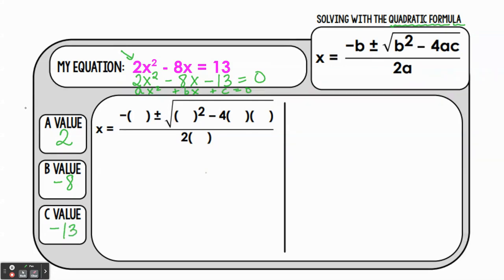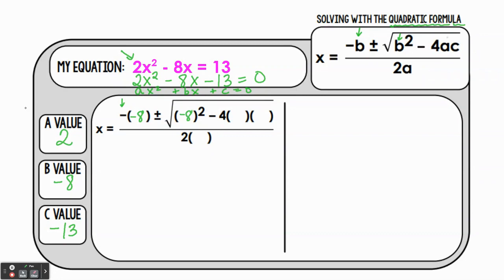Now, I have taken the quadratic formula and put in some blanks here to make it a little easier for us. You'll notice in my quadratic formula, it begins with -b. I have a negative, so I'm going to put b in this parentheses, -8. Plus or minus the big square root, then I've got b to the second, so again, I'm going to put that b value in there.